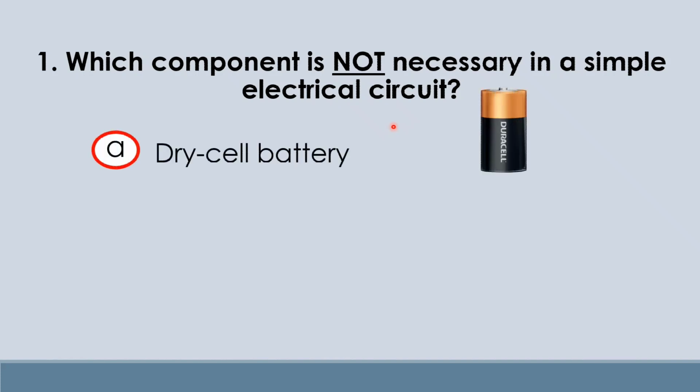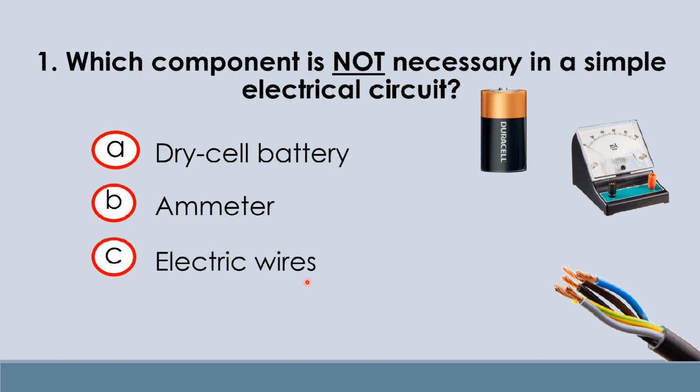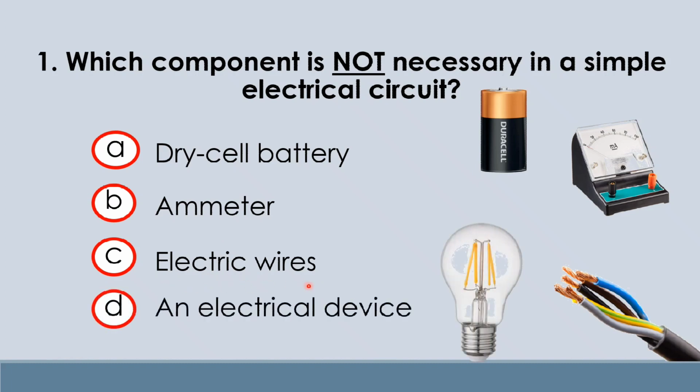For letter A, we have dry cell battery. Letter B, we have ammeter. Letter C, we have electric wires. And for letter D, we have an electrical device.